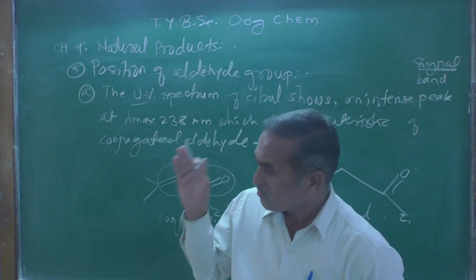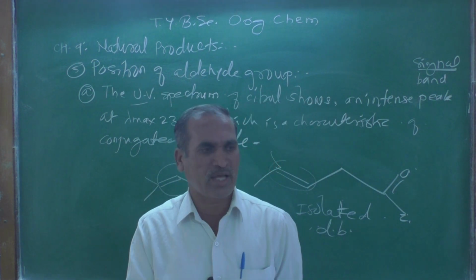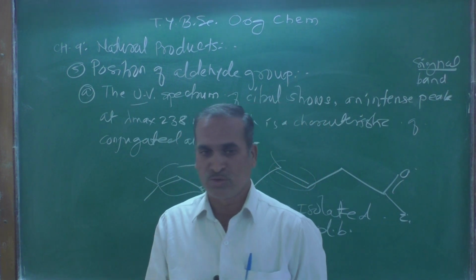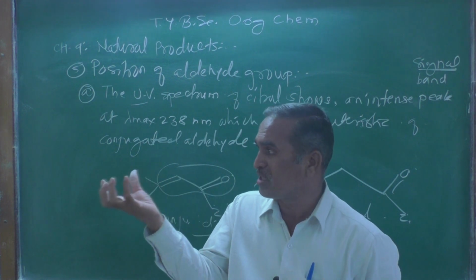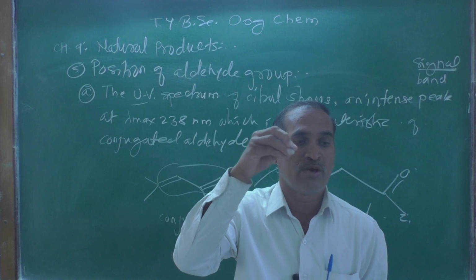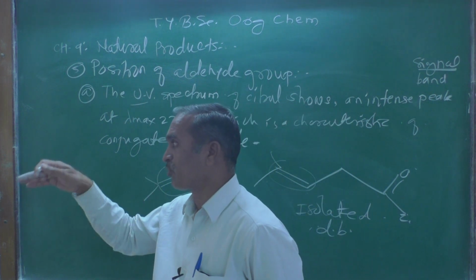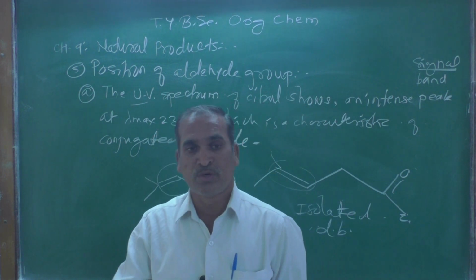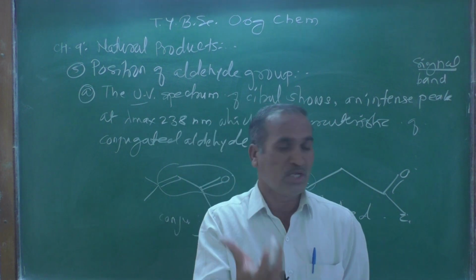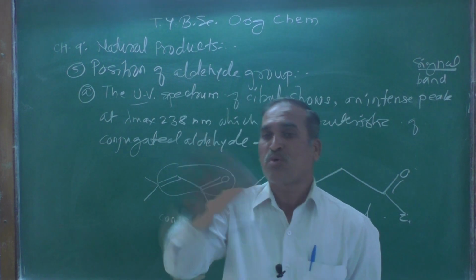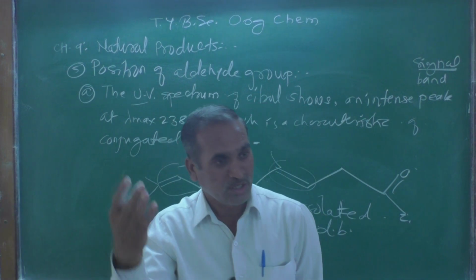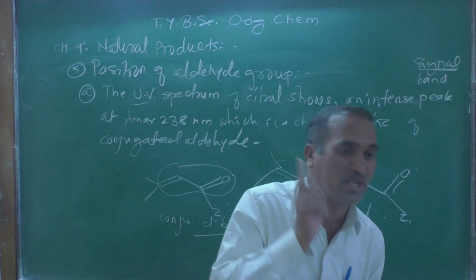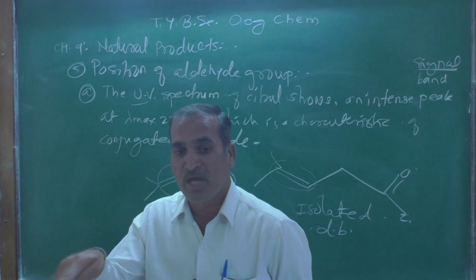Whatever ultraviolet rays, infrared rays, microwaves, whatever waves, they are nothing but electromagnetic radiation. When they fall on matter, or on a molecule, particularly the functional group which can absorb that electromagnetic radiation, responses are given by that functional group or molecule, and those responses are recorded in the form of a spectrum.